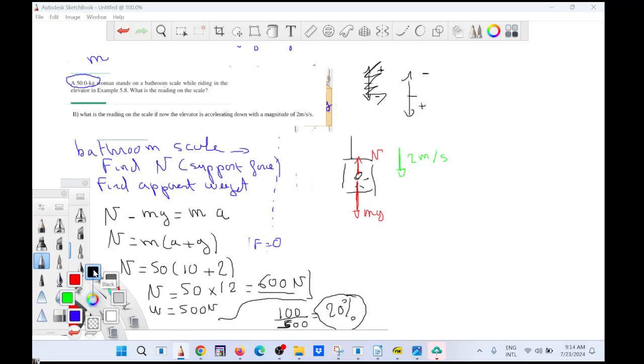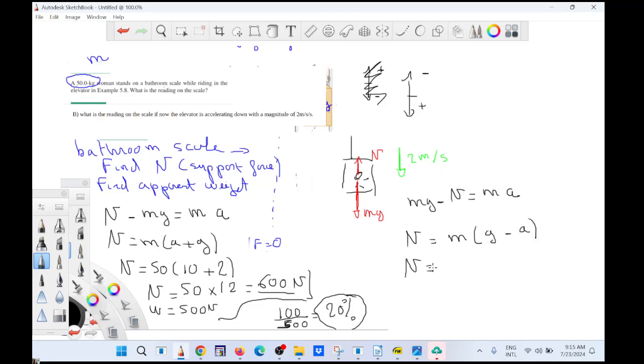Now we can apply Newton's second law. So mg minus the normal force equals the mass times the acceleration. So the normal force, which is the apparent weight, will be m times g minus a. So now the normal force will be equal to 80.